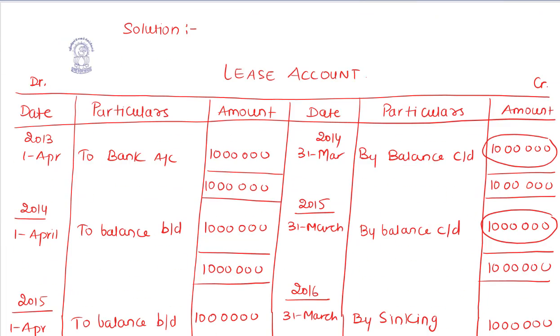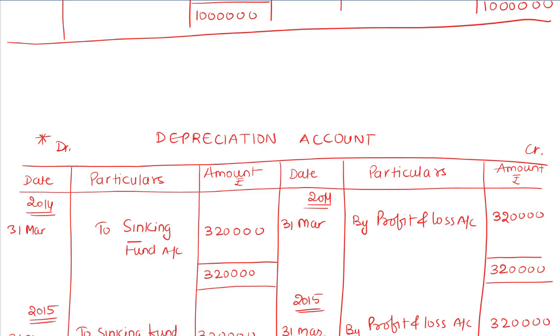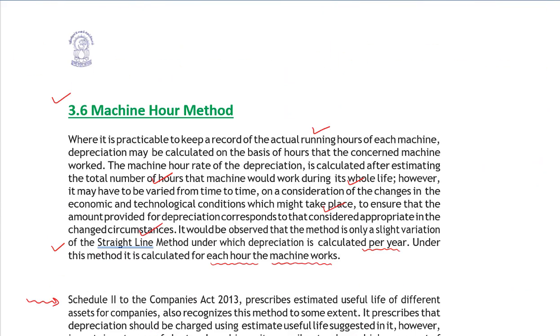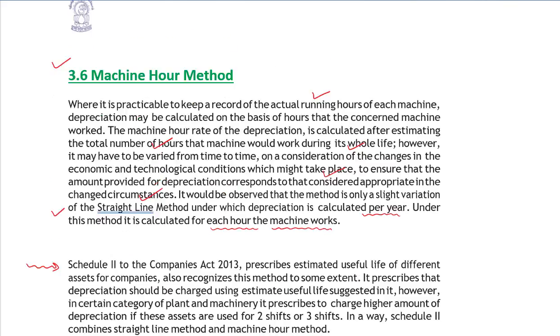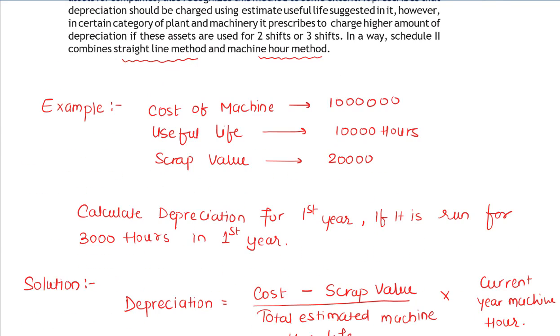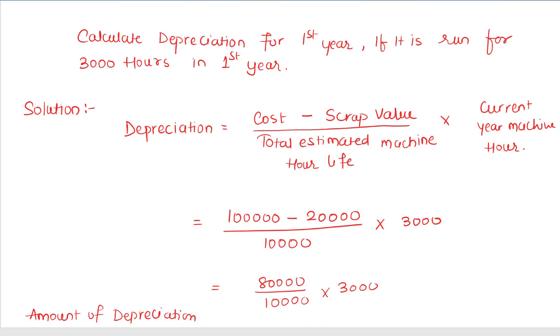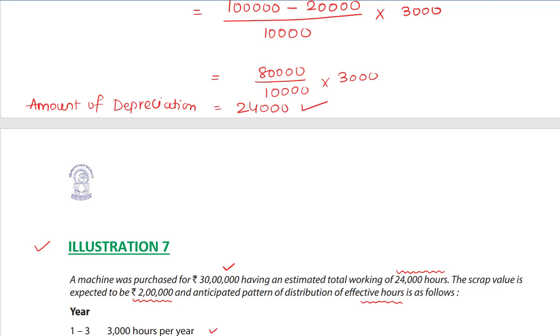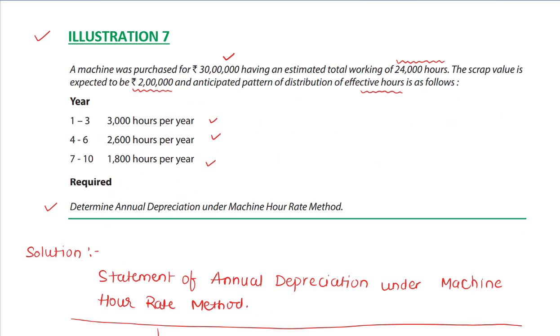Then we have solved a sum which consists of lease account. We have made the lease account and also depreciation account. We have begun a new method in today's class, and that is machine hour rate method. This method is used for heavy machines, aircrafts, ships, etc. We have solved an example and calculated the amount of depreciation.